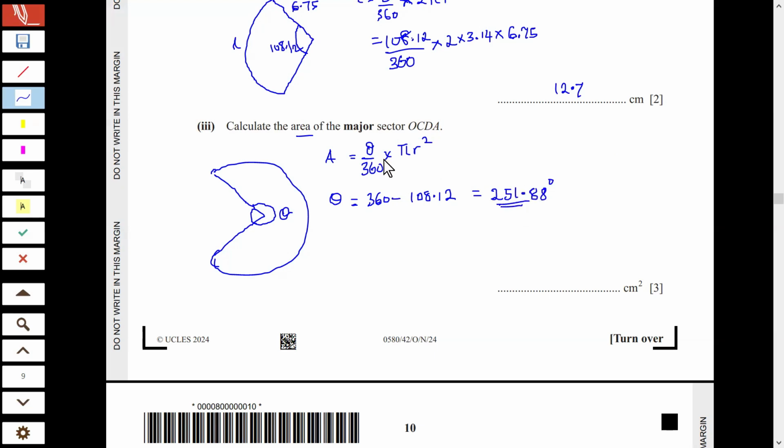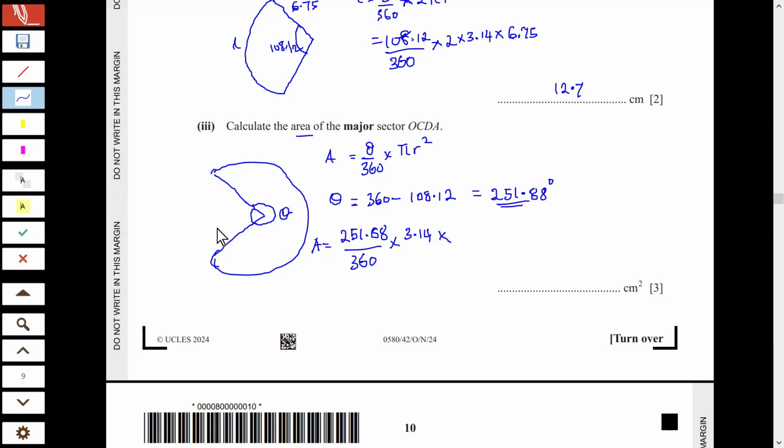So I will replace theta in the formula, for area equal to 251.88 over 360 times pi. Pi is 3.14, times r squared.